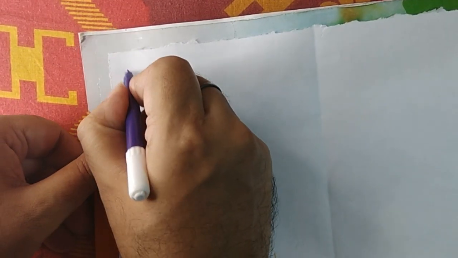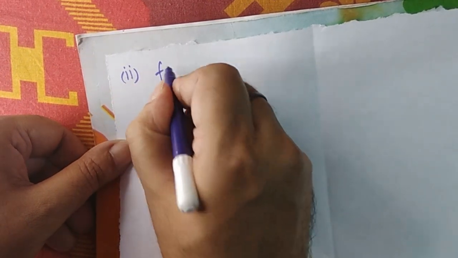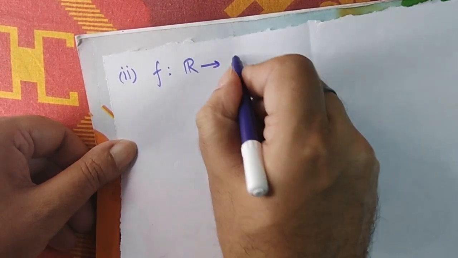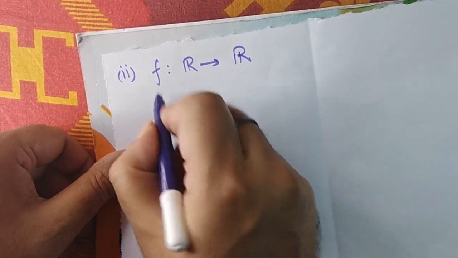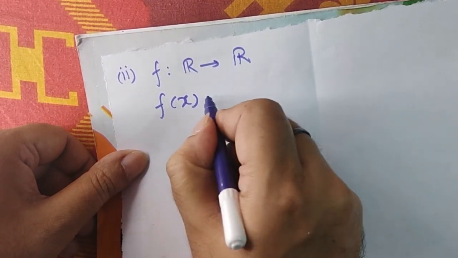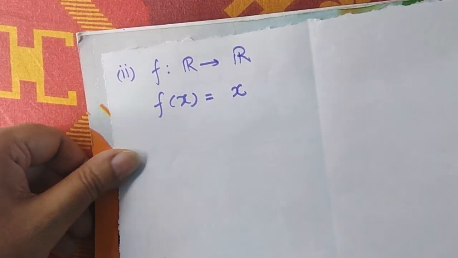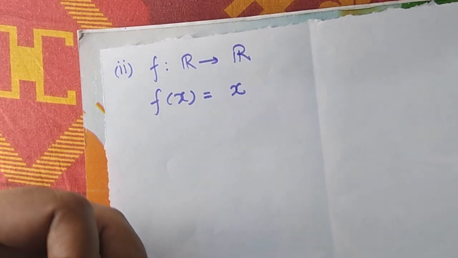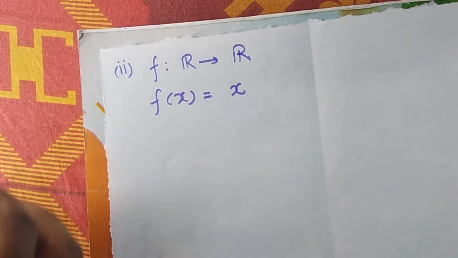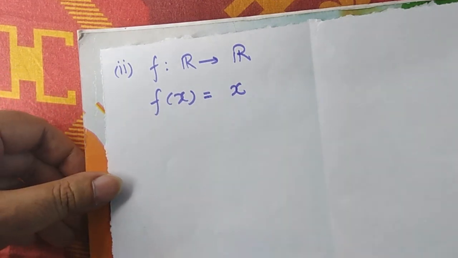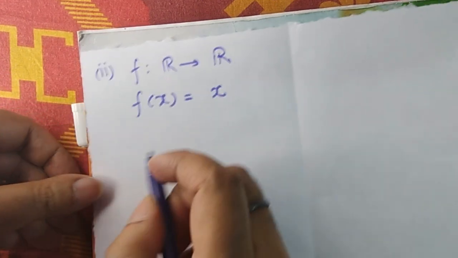Let us take another example. f from R to R, f of x equal to x. This is another very special kind of a function which maps every element of R to itself. This function f is called the identity function.